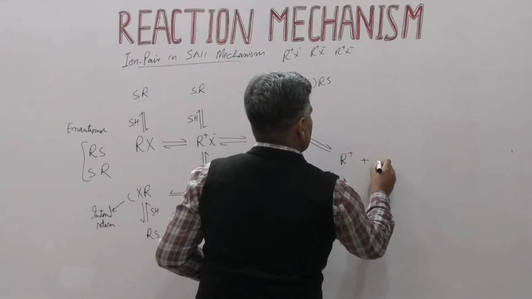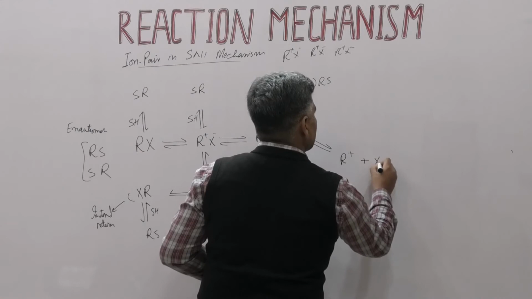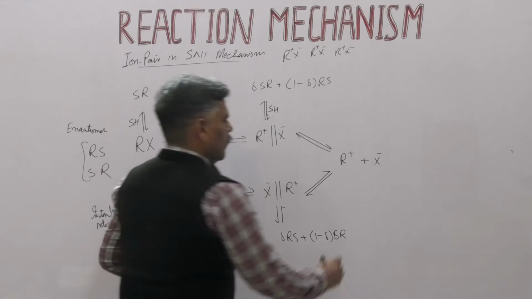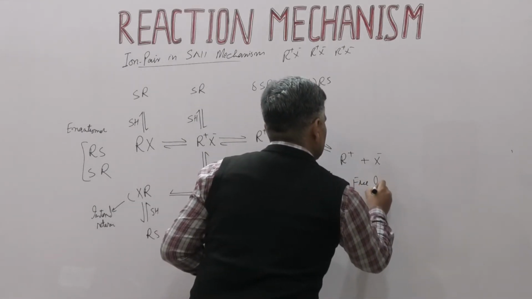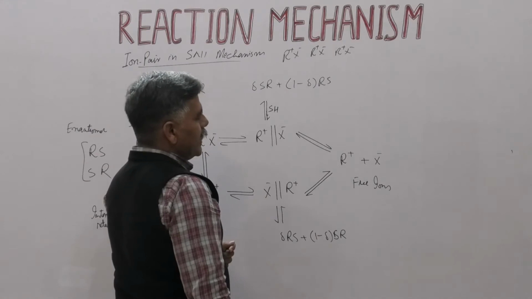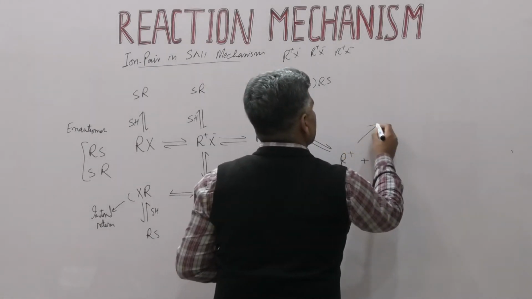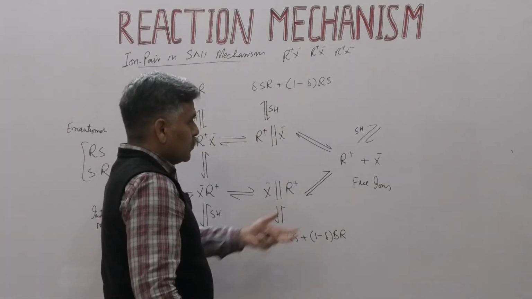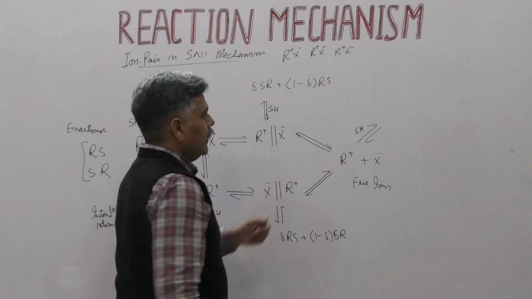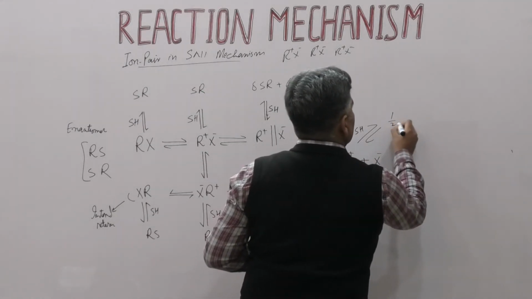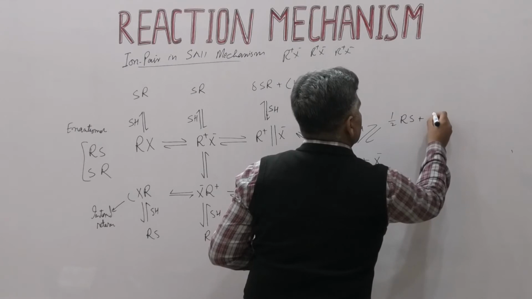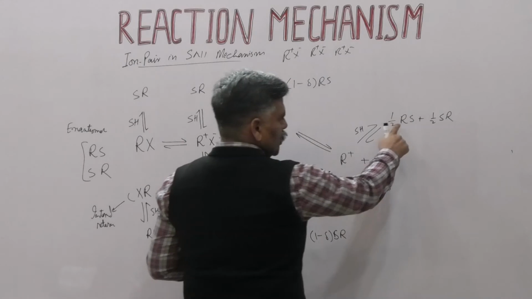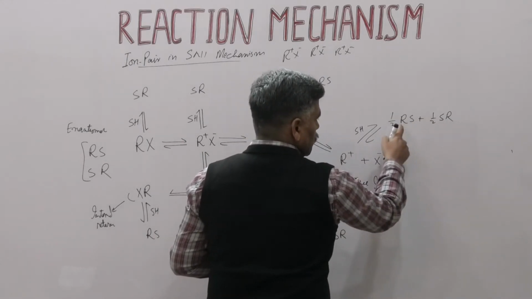Then next is R positive plus X negative. This is the case when free ions are formed. When free ions are formed and then undergo nucleophilic substitution, or attack of the nucleophile, then we have half RS plus half SR. It means these two enantiomers are formed in equal amount.